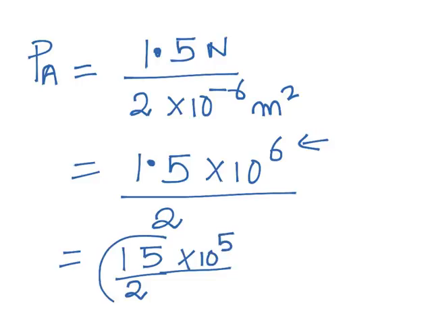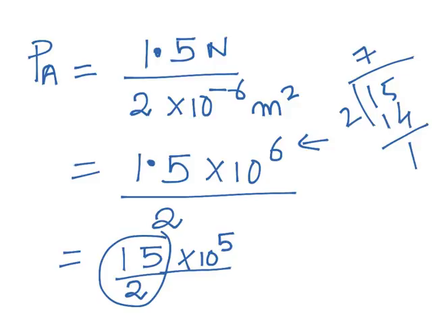Now we know how much 15 by 2 is. If you don't know, we'll just divide it for you. 2 goes into 15 how many times? 7 times, so it becomes 14, and we have 1 left, so we put a decimal point out here. We can put 0, so 2 5s are 10, so it cancels out.